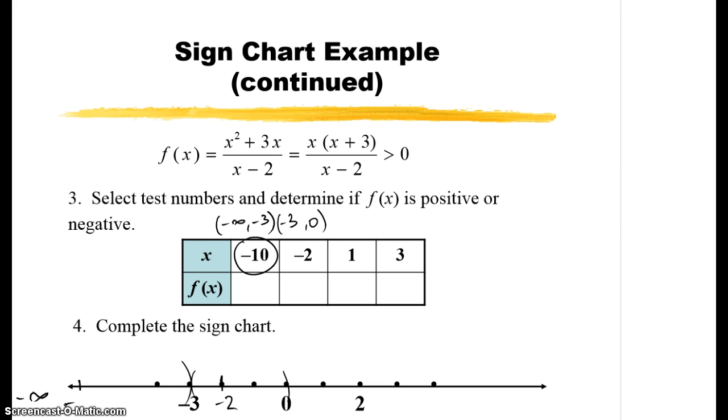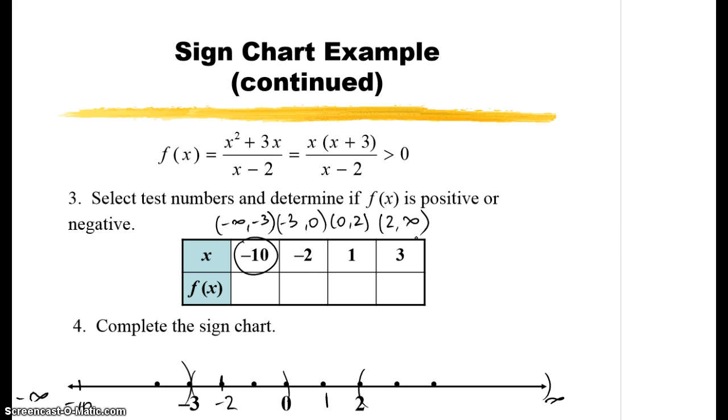For the next interval, between 0 and 2, we pick the point 1 as a test number. And between 2 and positive infinity, we pick the value 3. So that's how we break up our real number line into intervals using those partition numbers.